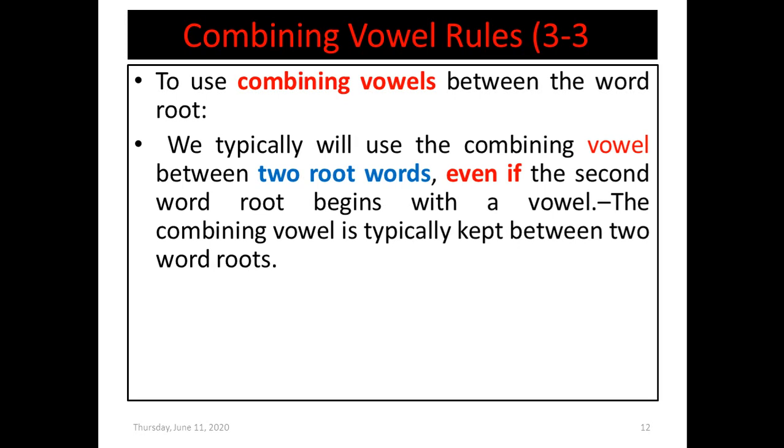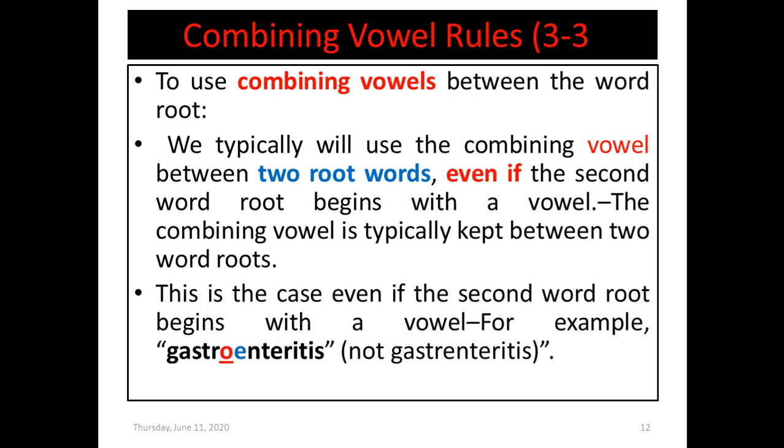The combining vowel is typically kept between two word roots. For example, gastroenteritis. There are two word roots, and in between we have to add the o, even if the second word root begins with a vowel, because they are two word roots joined together.